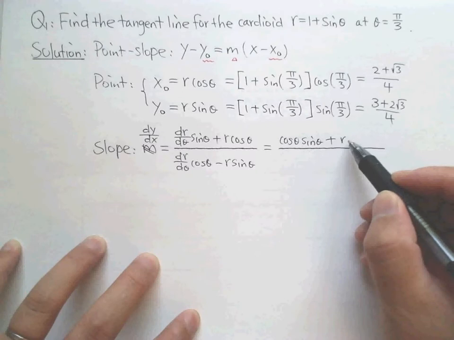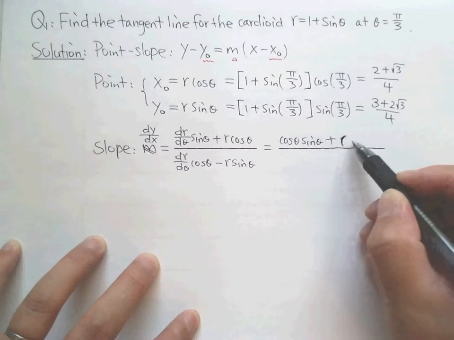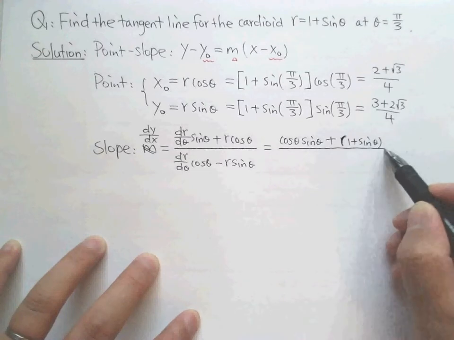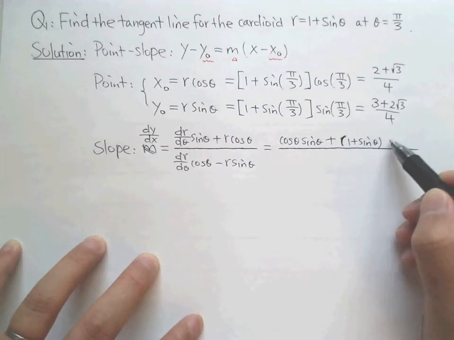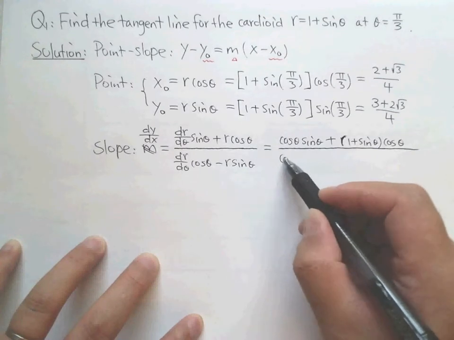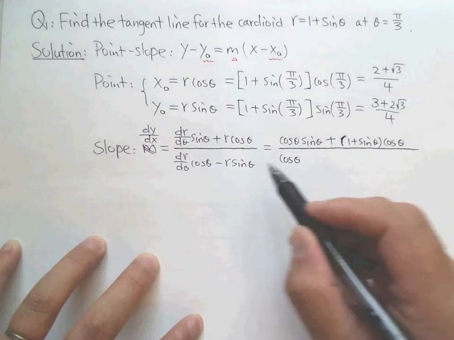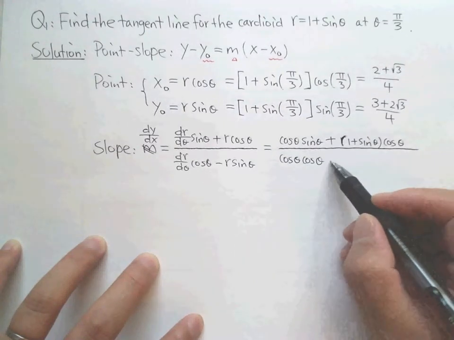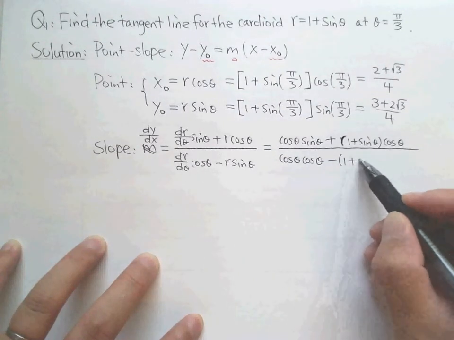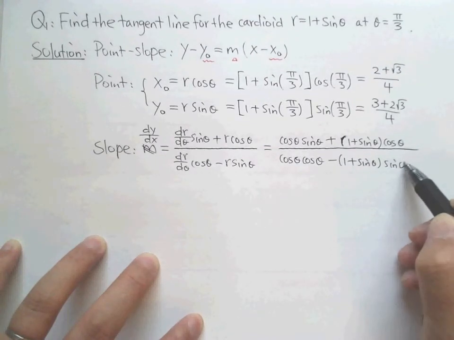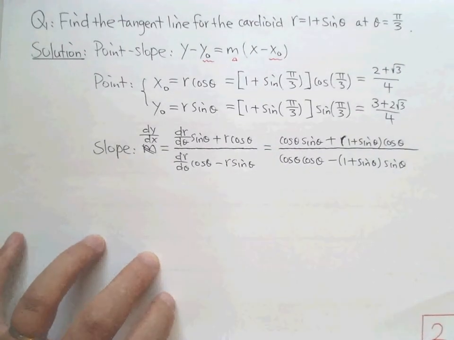I plug in. r should be this, 1 plus sine theta. Okay, and times cosine theta. So cosine theta, right? Times cosine theta. Then minus r, which is 1 plus sine theta, times sine theta. Okay, it's very long. Be patient.